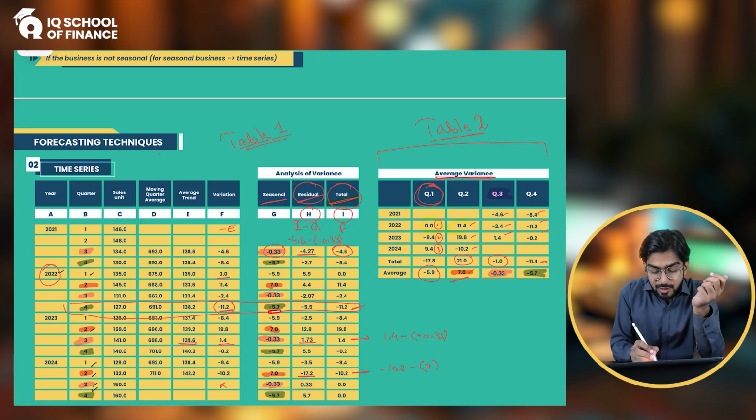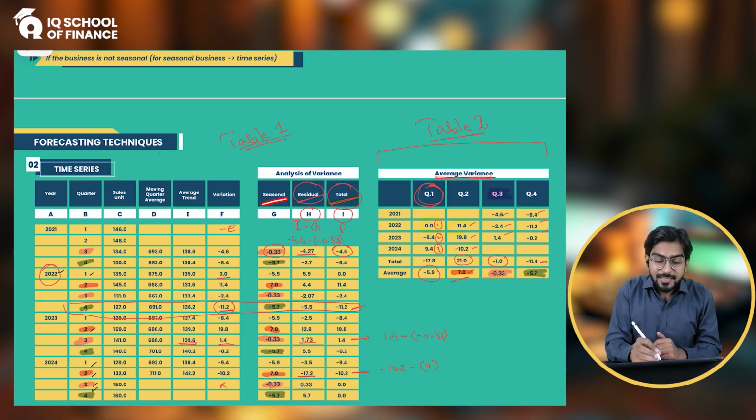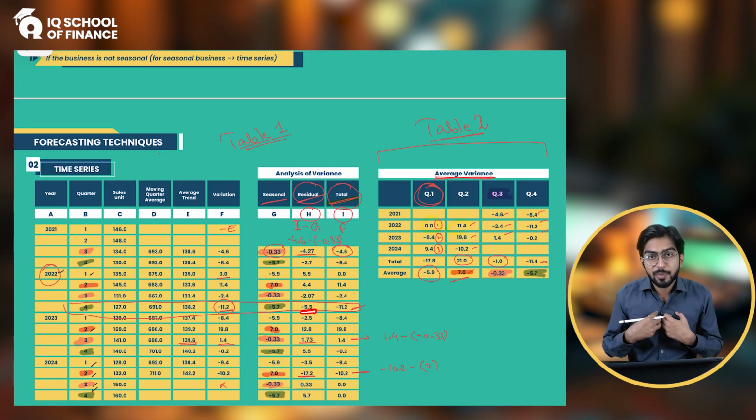It is minus 5.7. Out of the total minus 11.2, minus 5.7 is due to the season, and the rest, minus 5.5, that negative variation is because of our performance and our results.